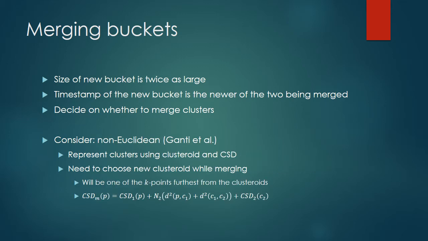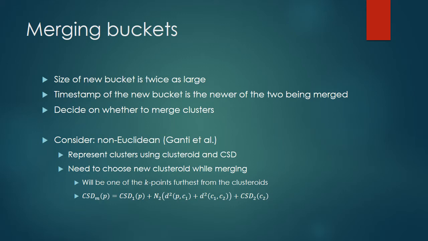If you consider the non-Euclidean case that we talked about, it becomes a little bit trickier because we are representing the clusters using a clusteroid and the cumulative square distance. Once we merge two clusters, we need to think of what the new clusteroid is going to be. Where do you think it is going to come from?